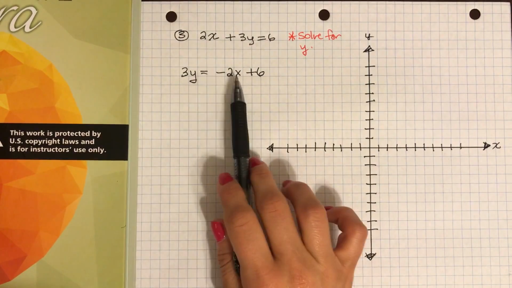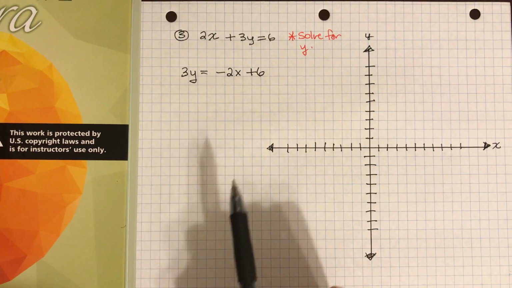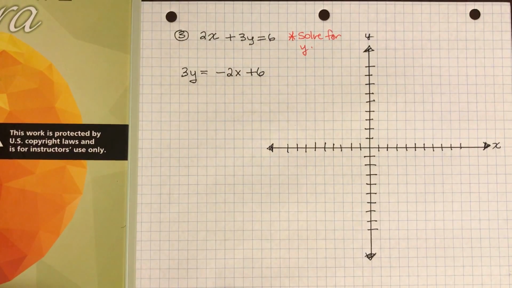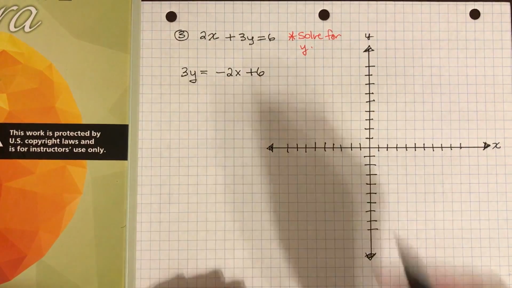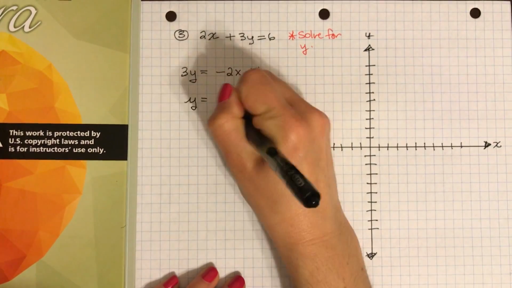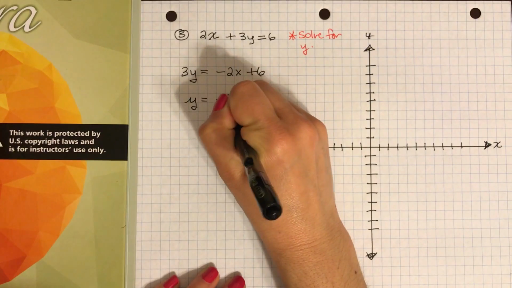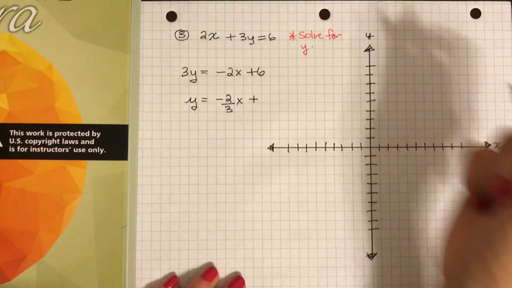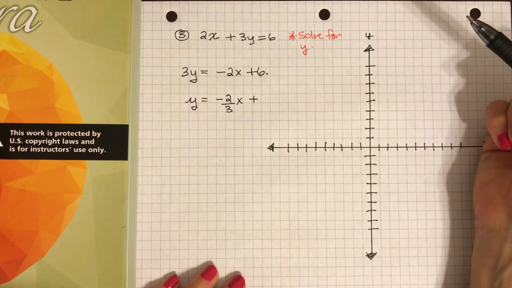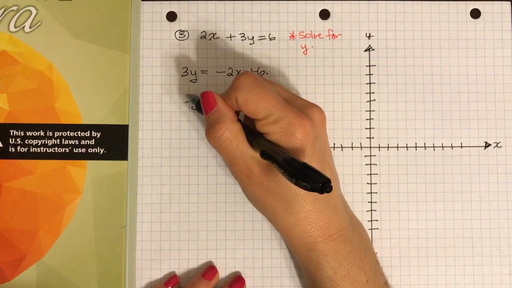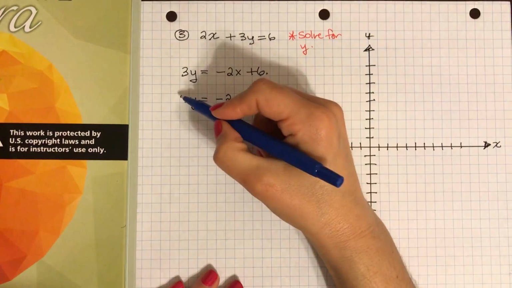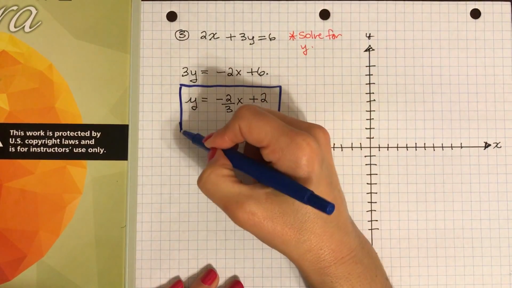So that means every single term needs to be divided by 3. If you can reduce, go ahead and do so. It makes it easier. So we divide all 3 of these by 3. We have y equals -2 over 3x plus 6 divided by 3 is 2. And so I reduced it to get 2. This is our equation that we want to focus on.